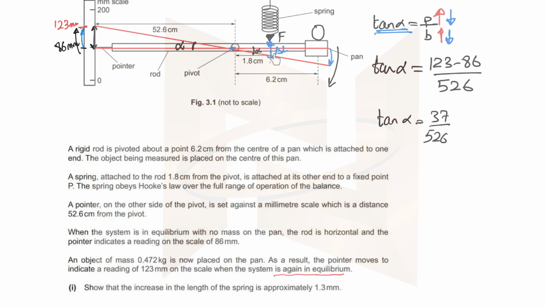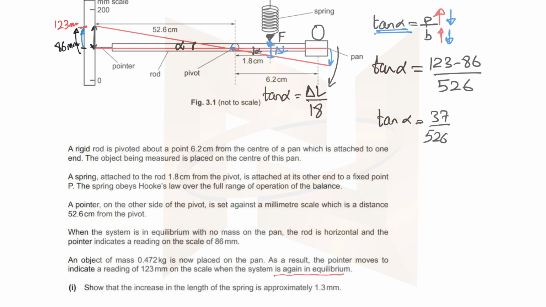Now when I apply it to this triangle, tan alpha turns out to be equal to delta L, which is the perpendicular, and the base is going to be 18 because I'm considering this triangle. Because remember, we're considering the force on the spring and the extension in the spring. So we have to maintain this triangle over here. And the base is 18 millimeters.